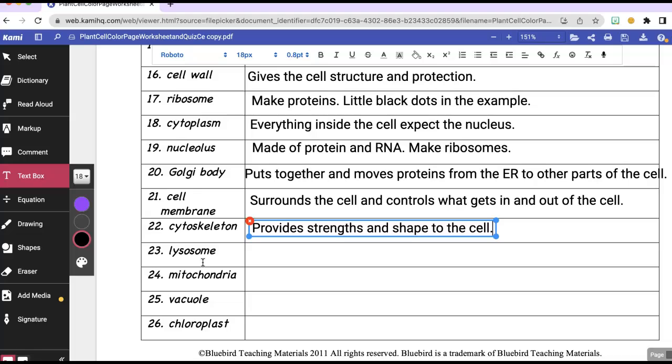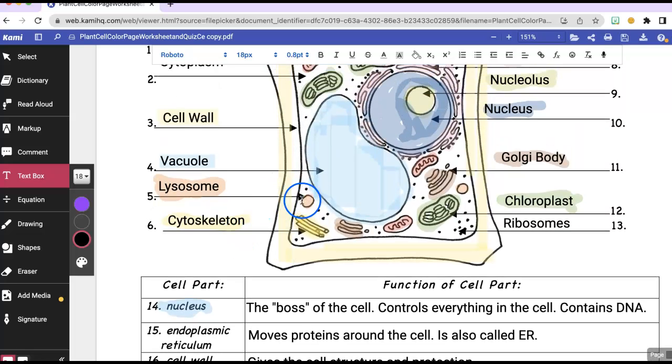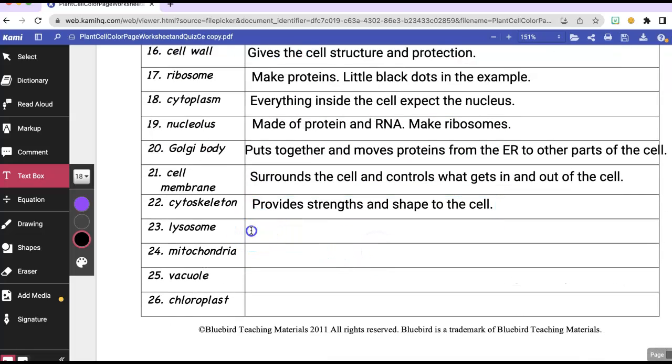Number 23 is our lysosome. And remember, we kind of said that the lysosome, let's go find it up here real quick. These orange pieces on my paper, they're like little circles. The lysosome is like the garbage dump of the cell.